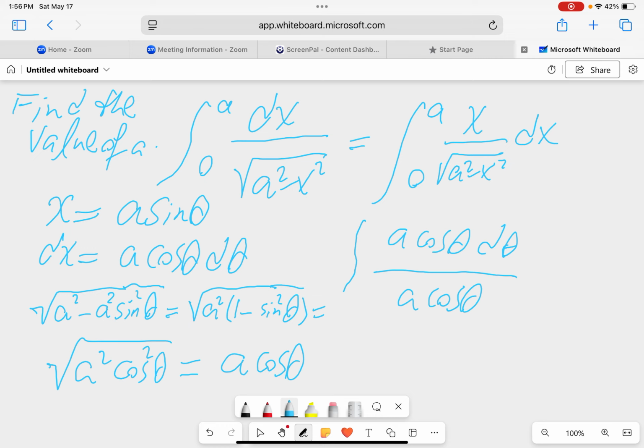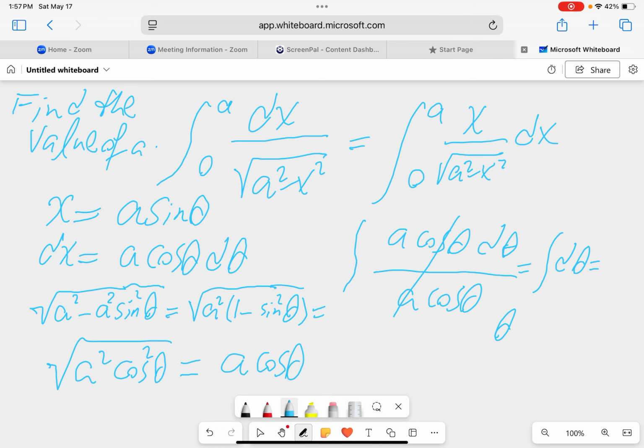The a cosine of theta in the numerator and the other a cosine of theta in the denominator cancel out, and you end up with a very simple integration of d theta, which becomes theta.